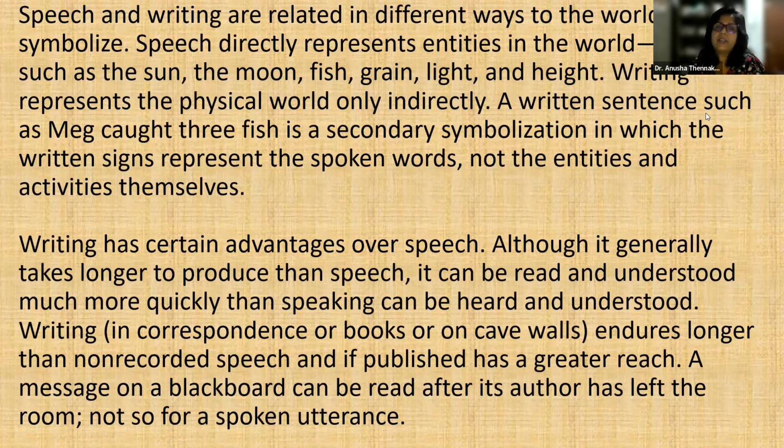Writing in correspondence or books or on cave walls endures longer than non-recorded speech, and if published has a great reach. Okay, so writing has great publicity actually, because lots of people can read it again and again.